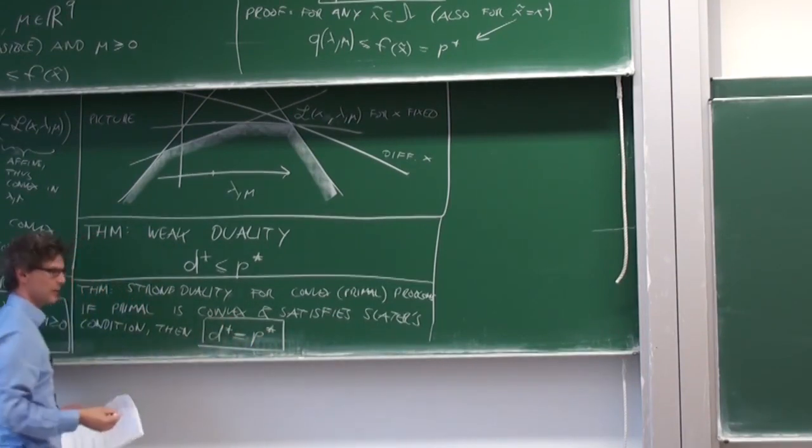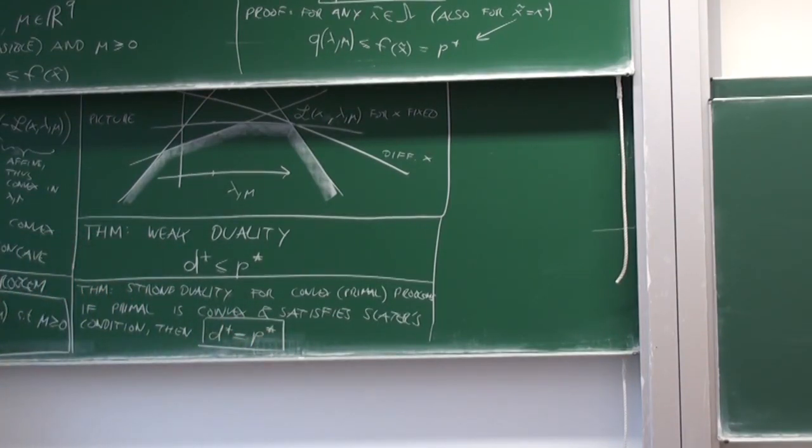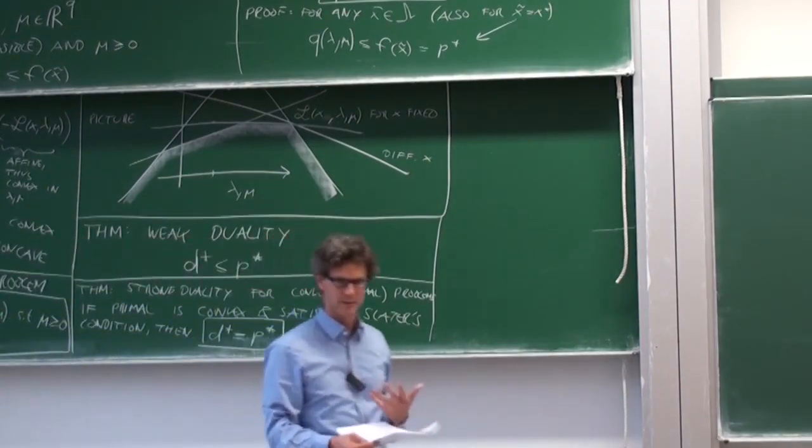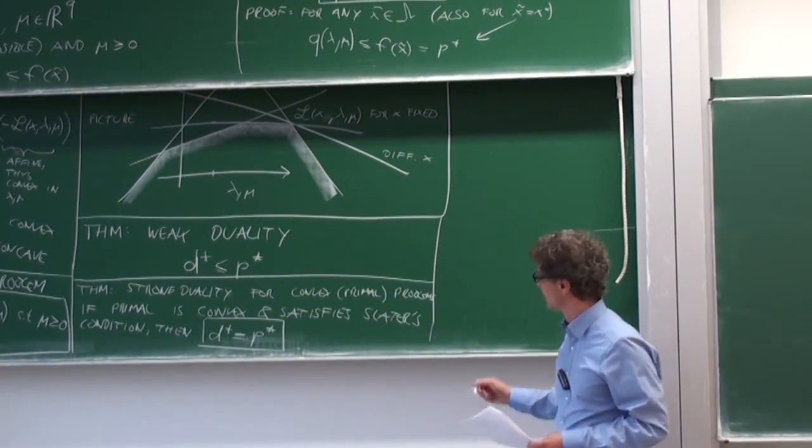So that means not only is it a lower bound, but it's exactly the optimal value that you get by solving the dual. That's a much stronger result, and that's why it's called strong duality.